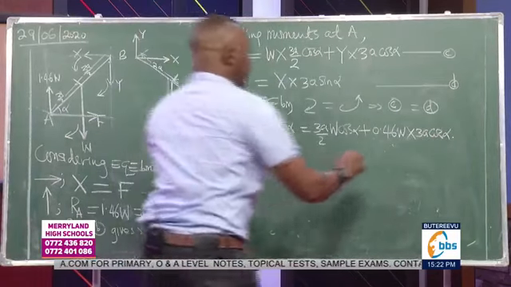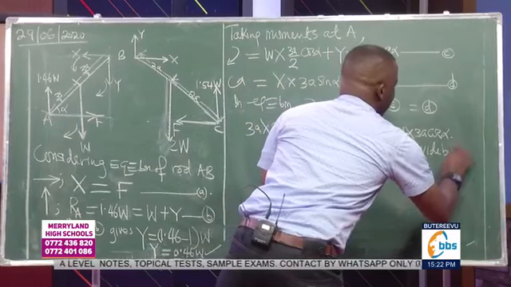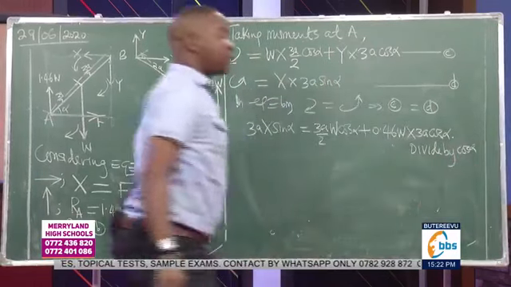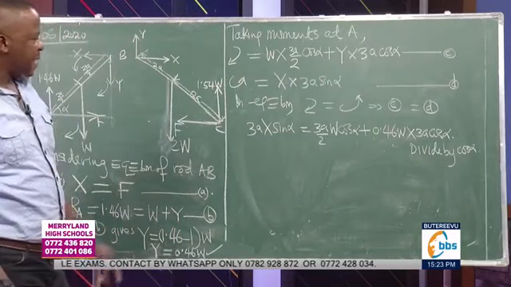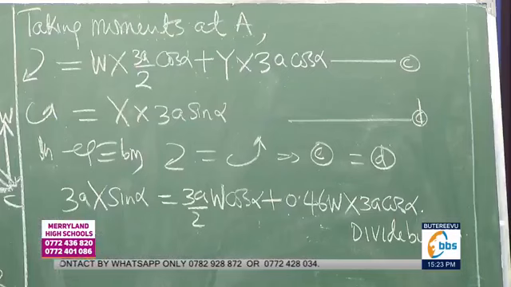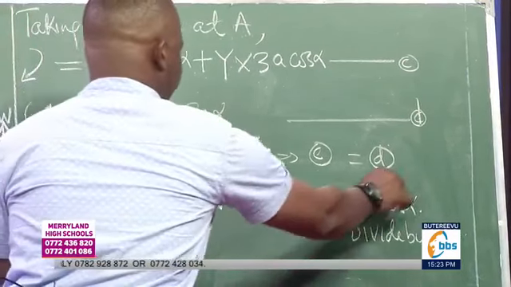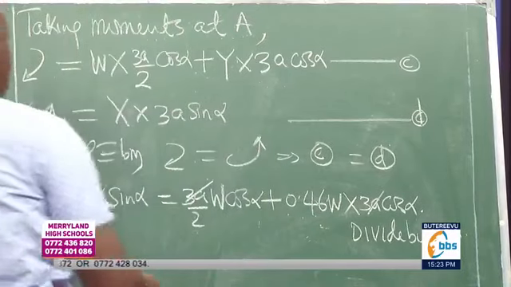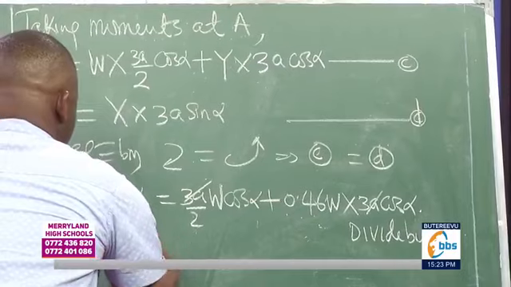I will divide. In mathematics, it is important to keep putting these connecting statements. I will divide by cos of alpha, but at the same time, I will eliminate the 3A, because 3A is common everywhere. So I will have my x times the tan of alpha.